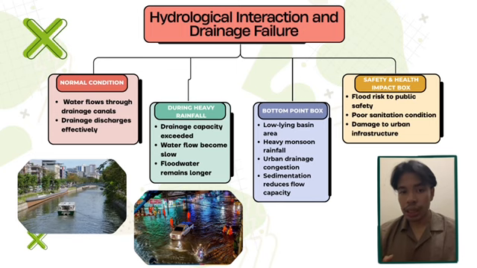In addition, urban drainage congestion and sedimentation reduce the efficiency of the drainage system. Land subsidence worsens this condition because the lower ground elevation reduces the effectiveness of gravity drainage. As a result, flooding risks increase, and this can affect public safety, sanitation conditions, and urban infrastructure.